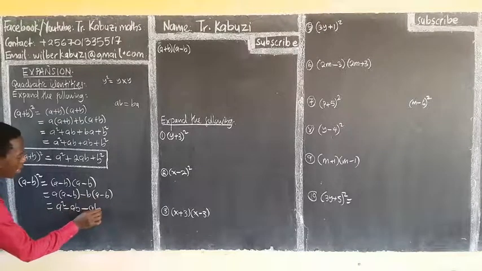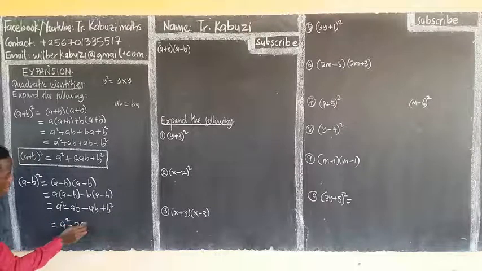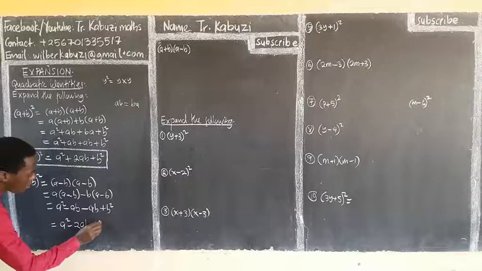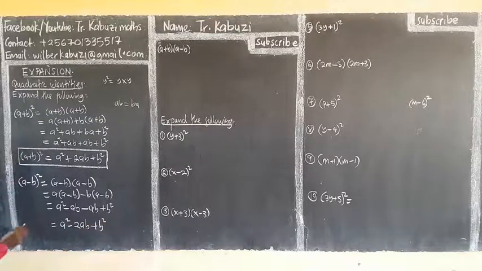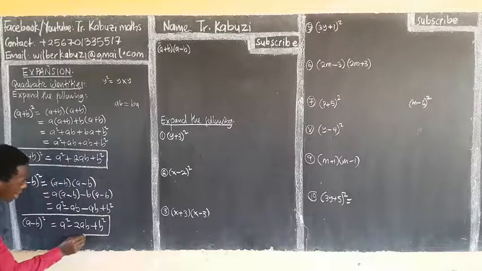Then minus and minus will get positive b squared. So this will give us a squared minus 2ab, then plus b squared. Remember the whole of this is a minus b, the whole squared. I also put this in this square bracket here.